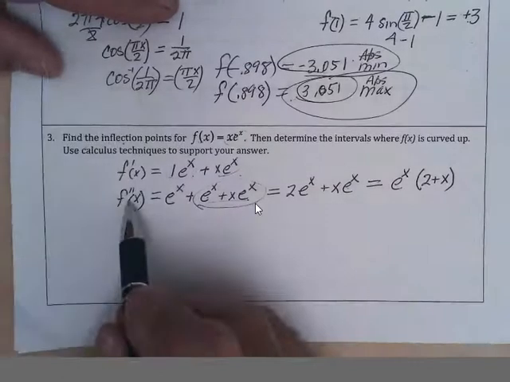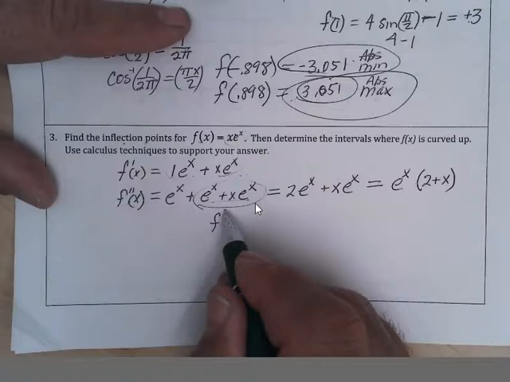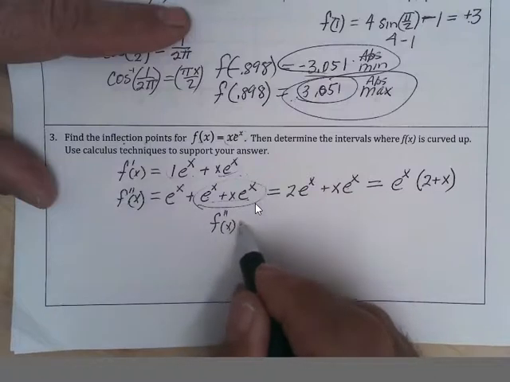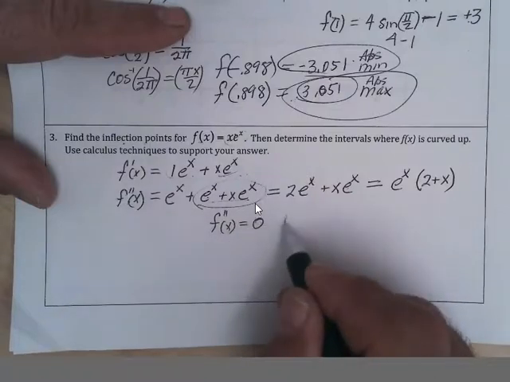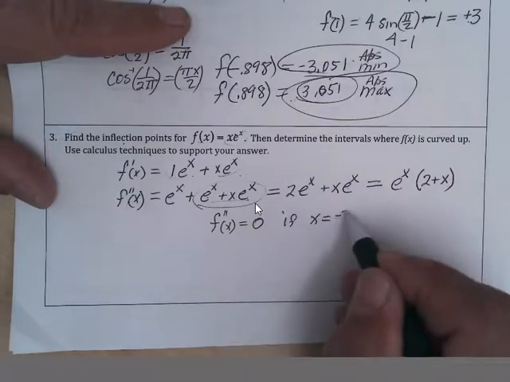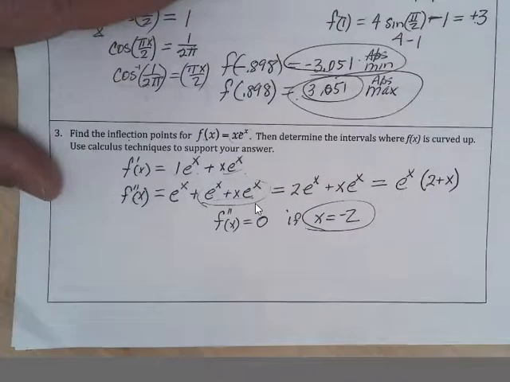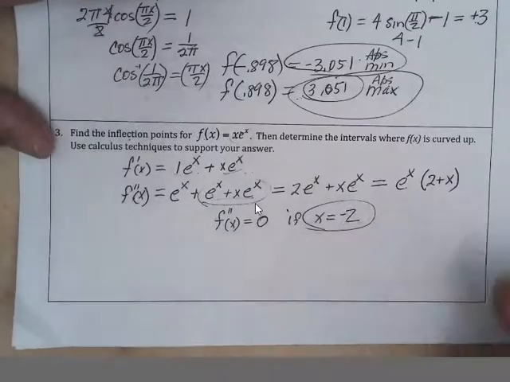And the only way the second derivative could equal 0 is if x equaled -2. So there's where the only inflection point happens, at -2 on the x.